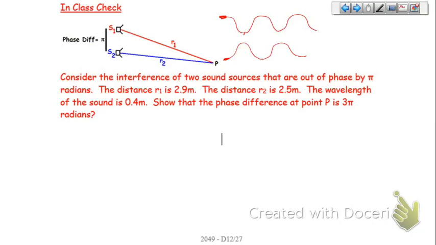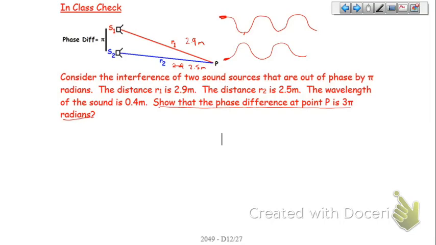Okay, so we know this phase difference is pi radians. The distance is 2.9. So this is 2.9. Oh, sorry, I did that. 2.9. And this is 2.5 meters. Show that the phase difference at point P is 3 pi radians. So let's have a look at this.